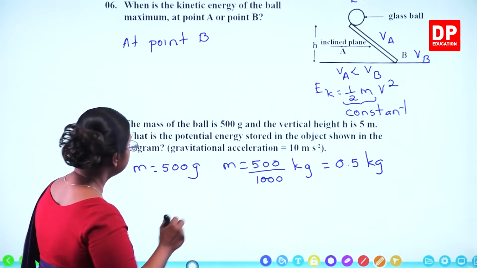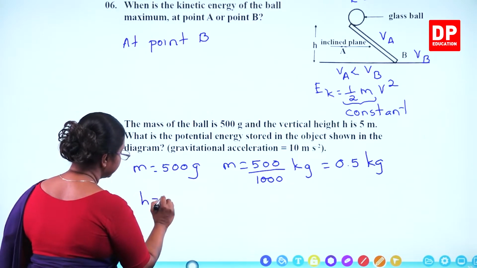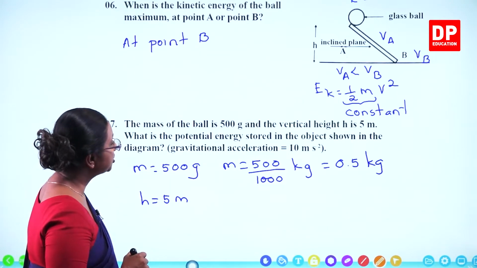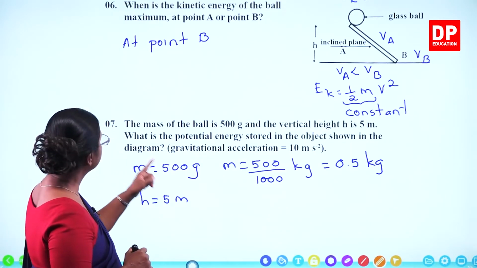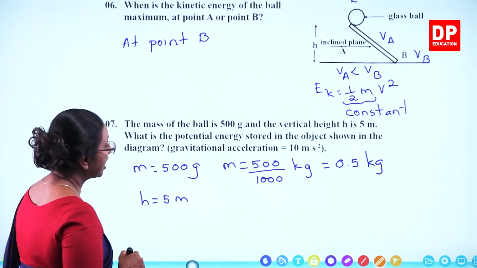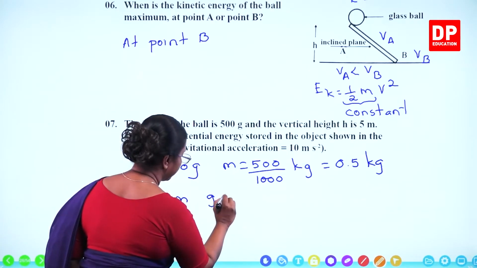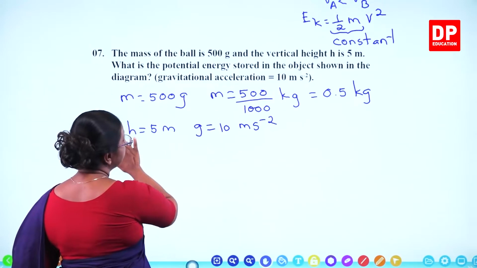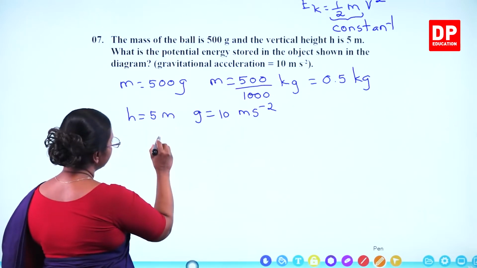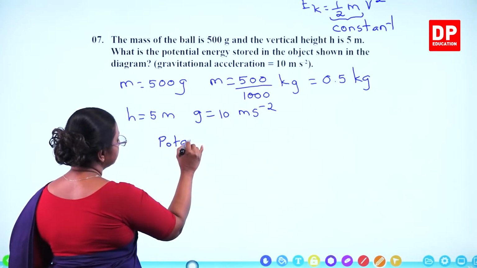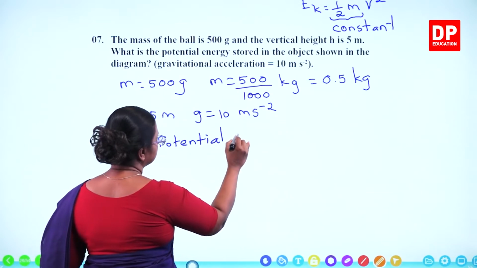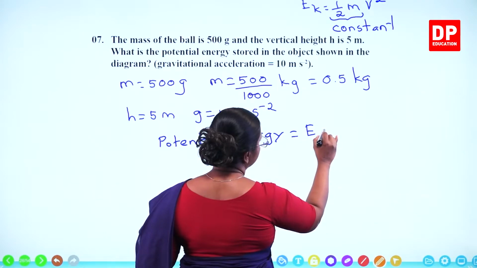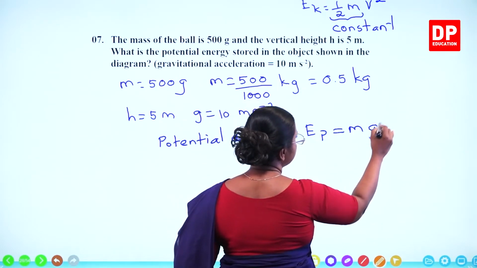And the vertical height is 5 meters. So their height is 5 meters. You can see in the diagram what is the potential energy stored in the object. That is, gravitational acceleration is 10 meters per second square. That is 10 meters per second square. So what is the equation for gravitational potential energy? Potential energy, that is E potential equals mgh.